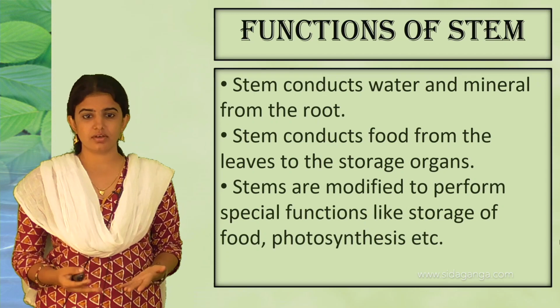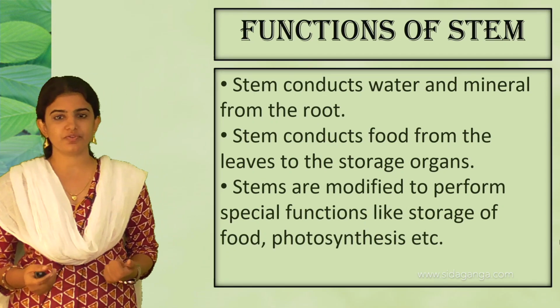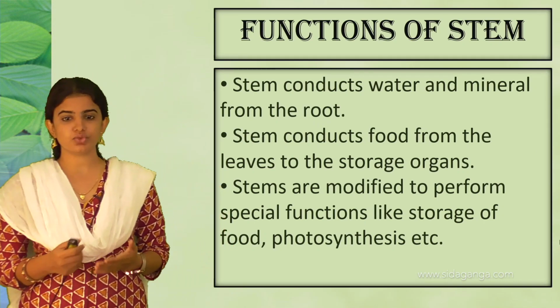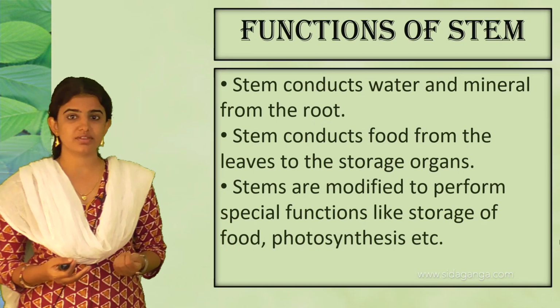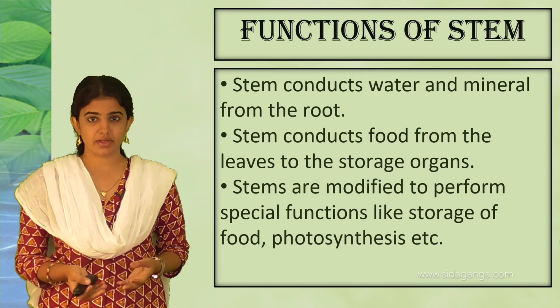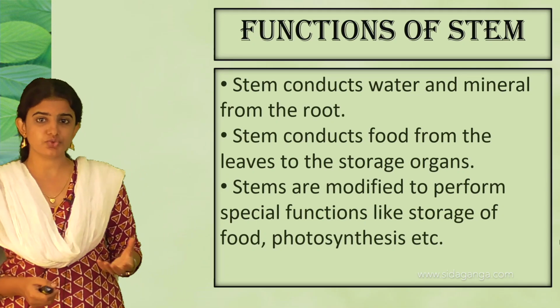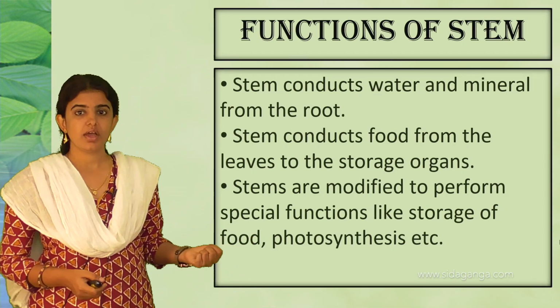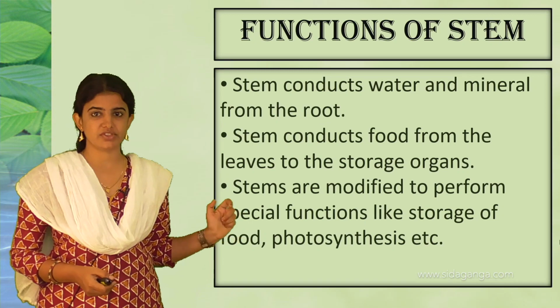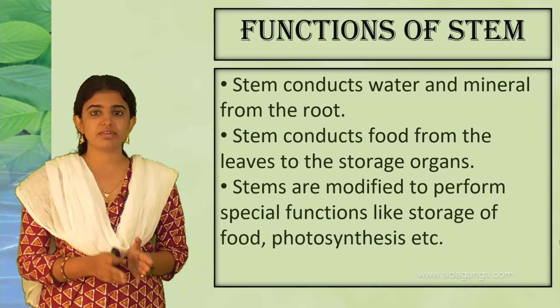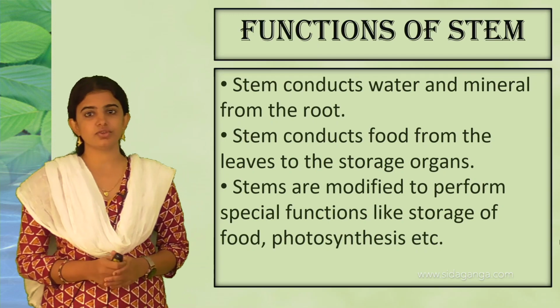Next, stems are modified to perform special functions like storage. Examples of storage organs are garlic, ginger and turmeric. These are modified stems that act as storage organs. And besides these functions, photosynthesis is also there.